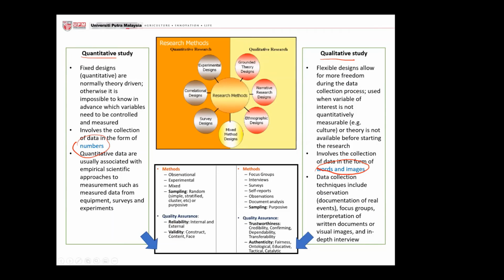Sit with that. Think again about what sort of data you will collect. And once you get that data, in what form is it? Are they words? Are they numbers? That will help you to choose between quantitative or qualitative.